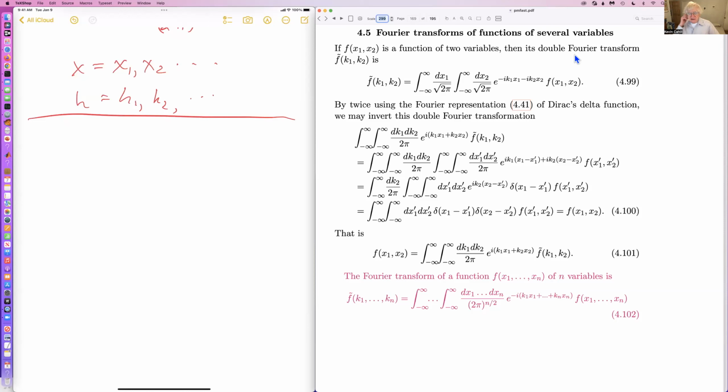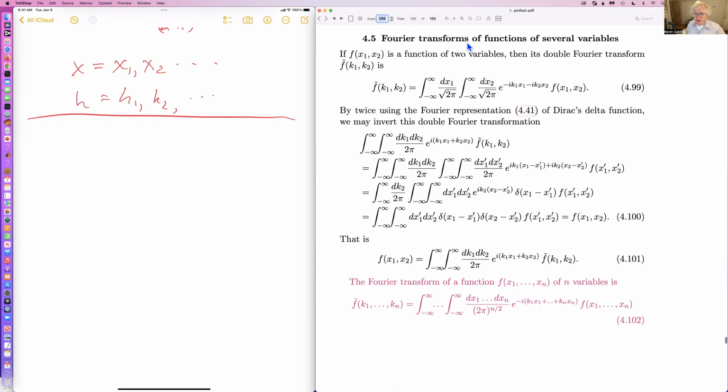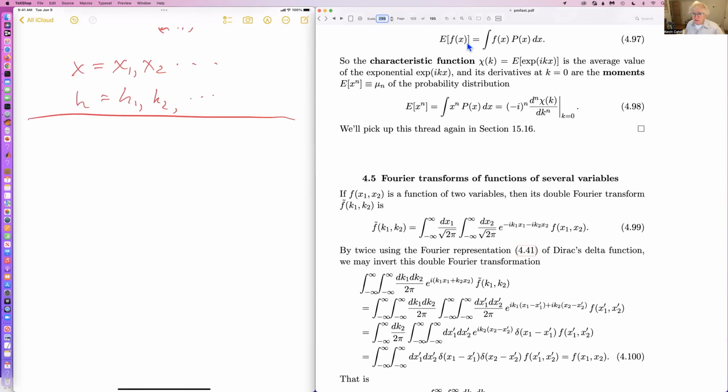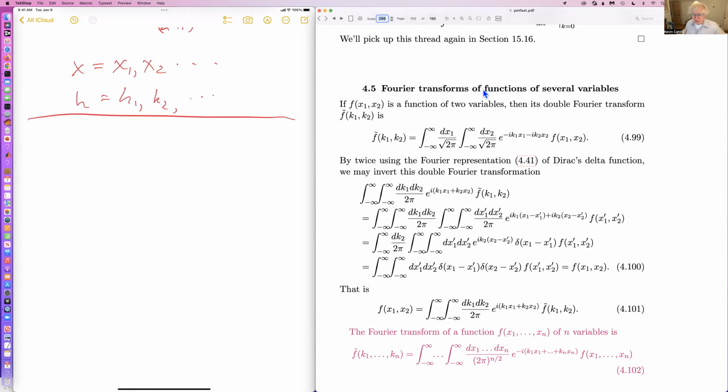My memory is that yesterday we stopped at this point: Fourier transforms of several variables. I don't know why this wasn't highlighted as an important thing to know about, so I'll do that now.